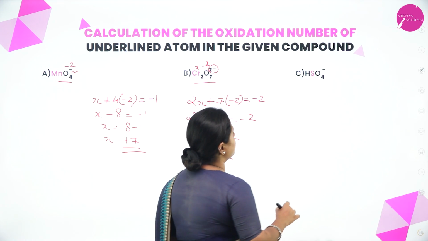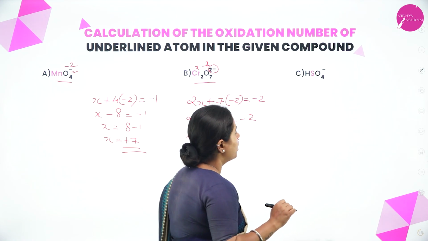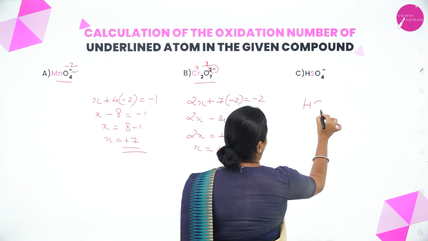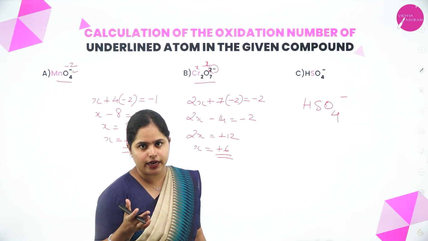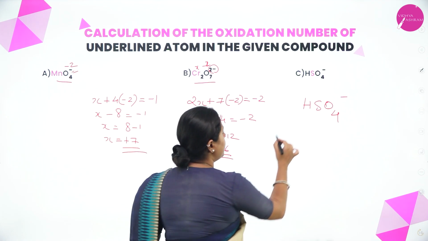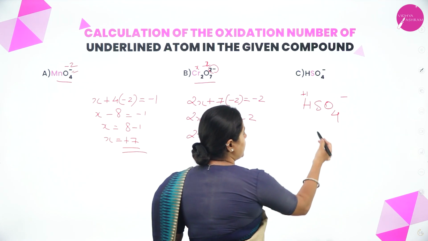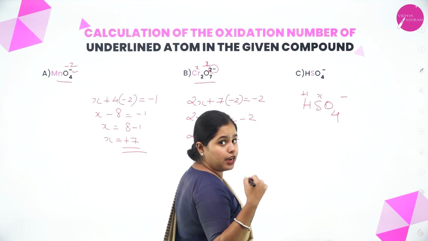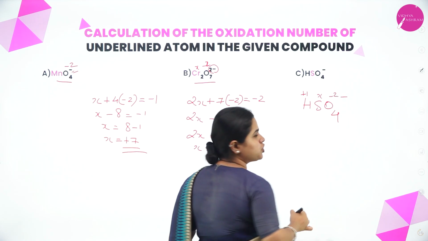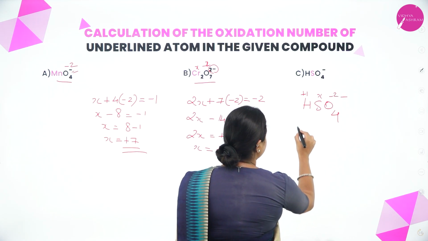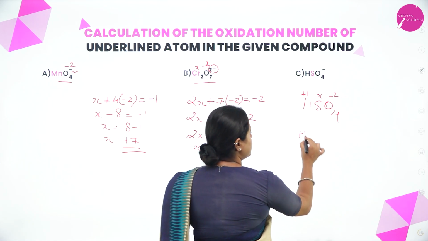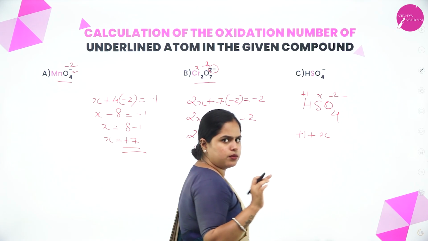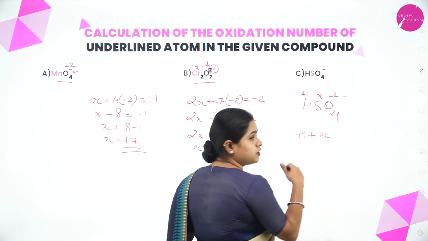Now moving on to the last one, that is HSO4 minus. So in HSO4 minus, for hydrogen, as it is not a hydride, we already know the oxidation number. It is plus 1, right? Sulfur I don't know, so I take it as X, and for oxygen it is minus 2, right? So now let's add all this. For hydrogen it is plus 1. For sulfur it is X, only one atom. And for oxygen it is 4 atoms.